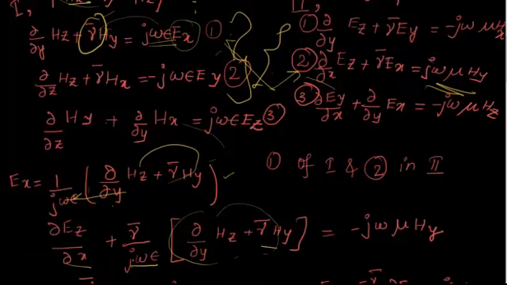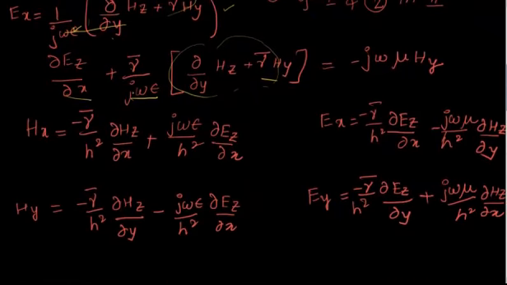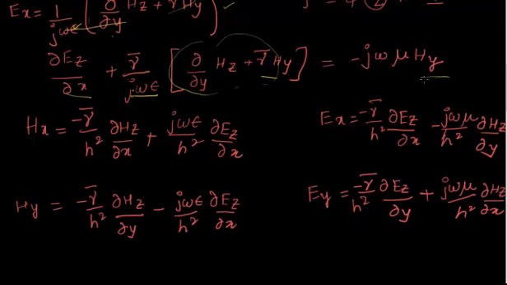In this way you get an equation for Hy. You can derive Hy from here. That is, you take this minus 1 by J omega mu this side to the LHS, and so you get this equation for Hy.